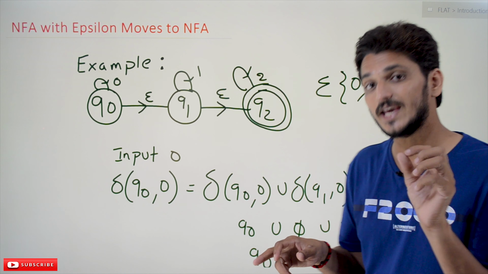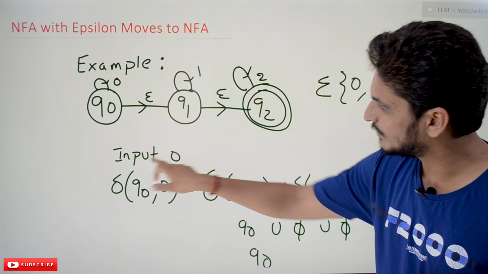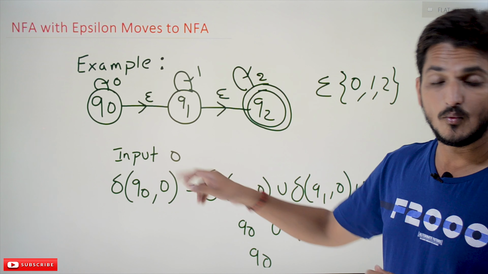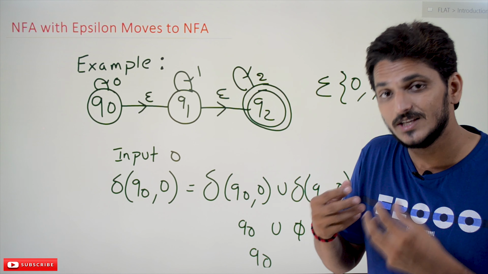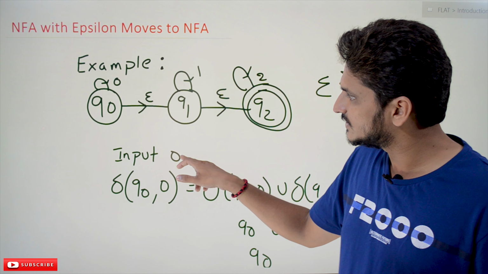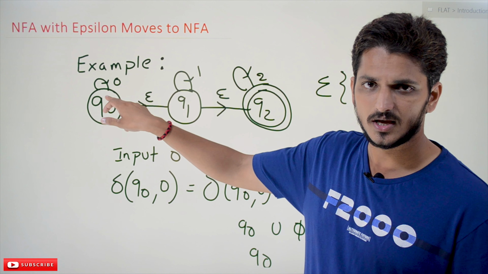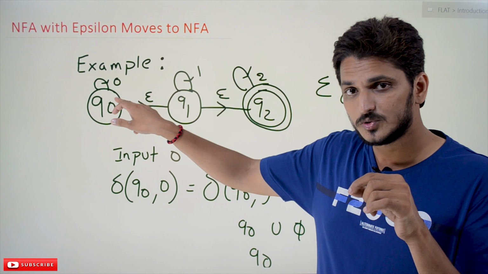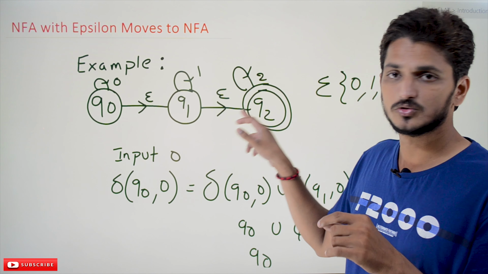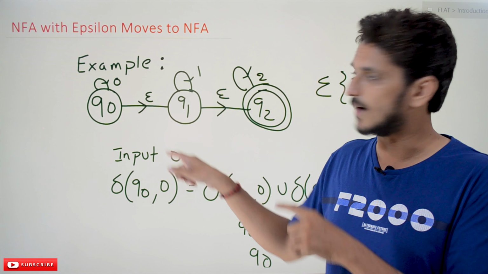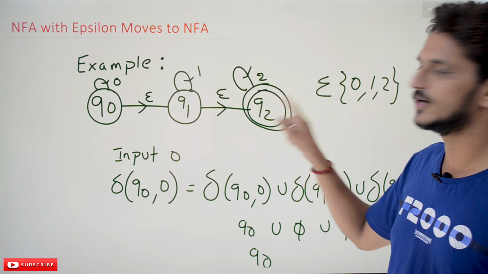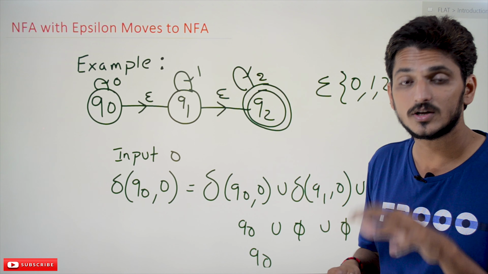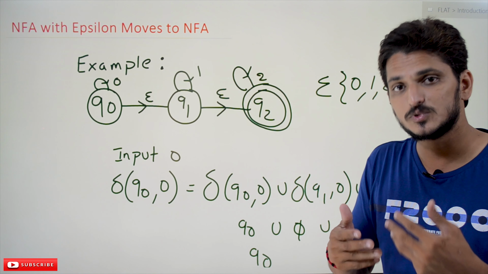Suppose we take an input symbol 0 and apply it on Q0. Without taking any input symbol, we move to Q1 and Q2. So the input symbol 0 should be applied on Q0, Q1 and Q2. That is how NFA with epsilon moves works.